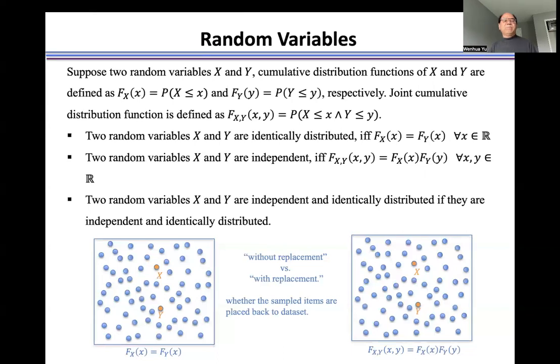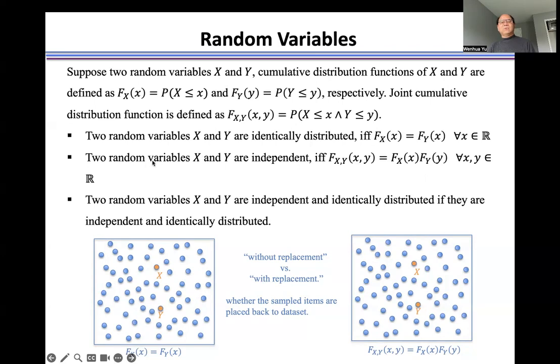Informally, we suppose two random variables X and Y, and define their cumulative distribution functions as F_X and F_Y. So the two random variables X and Y are identically distributed if and only if the two cumulative distribution functions are the same.